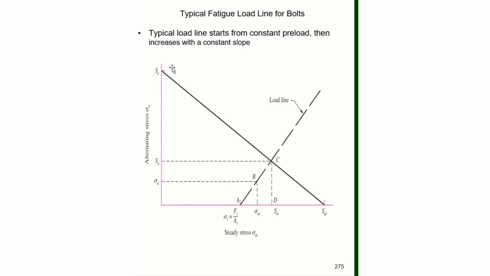This endurance limit represents the maximum stress that can be applied to the bolt without the bolt failing in fatigue. Then we come over here and we can look at our particular problem, look at our Fi over At, and we can plot what we call a load line. And we'll look at this in more detail.